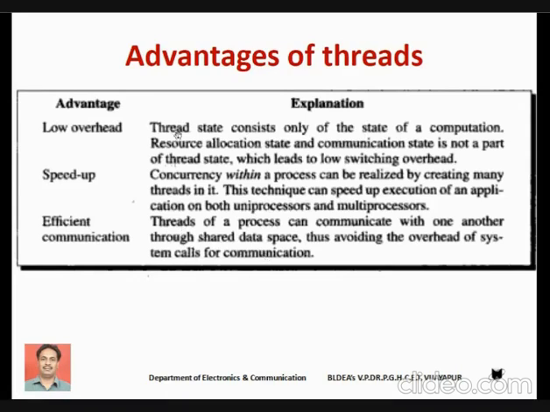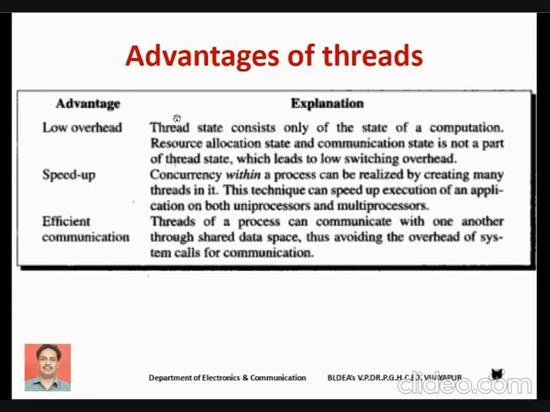Here you can find the explanation. The thread state consists of only the state of computation. Only the computation state is required while switching from one thread to another thread. However, the resource allocation state and communication state are not part of the thread state. Try to understand, as we discussed the PCB, the process control block, to store information about a thread we also require a thread control block.